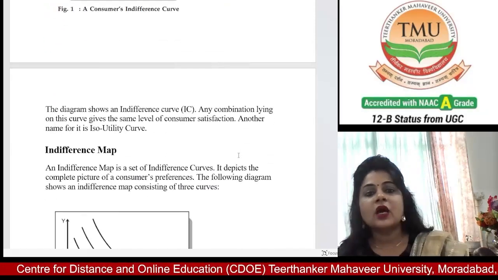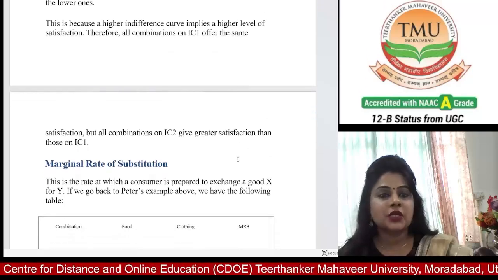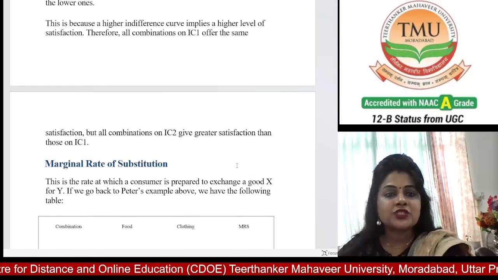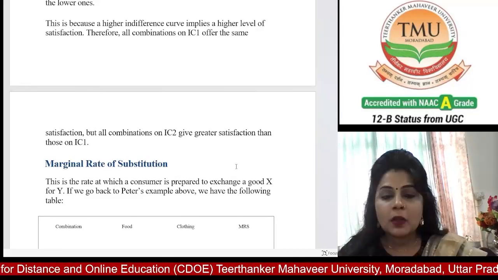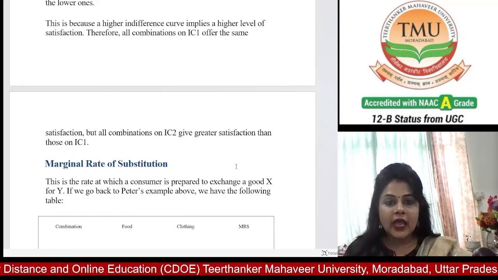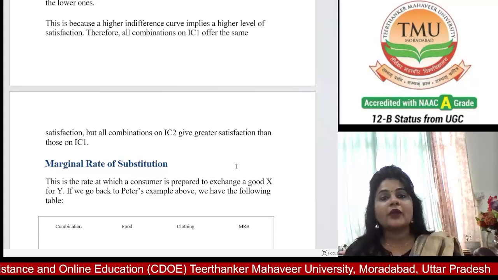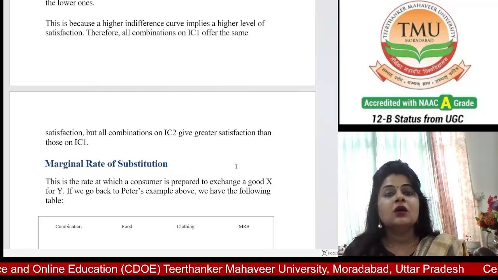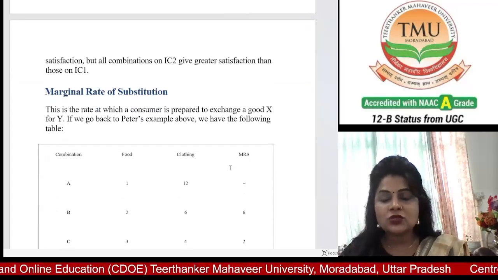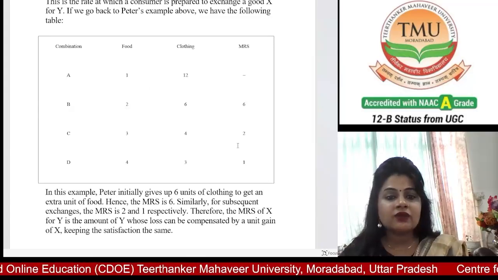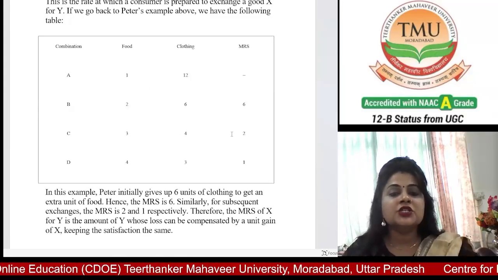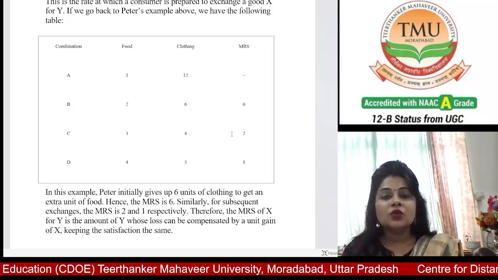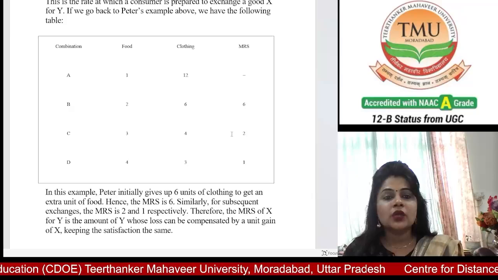Now we discuss the marginal rate of substitution. Marginal rate of substitution is the rate at which a consumer is prepared to exchange a good X for good Y. If we go back to Peter's example above, we have the following table. I am also showing this table. In this example, Peter initially gives up 6 units of clothing to get an extra unit of food.